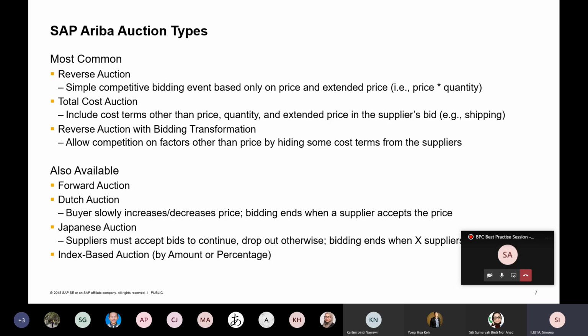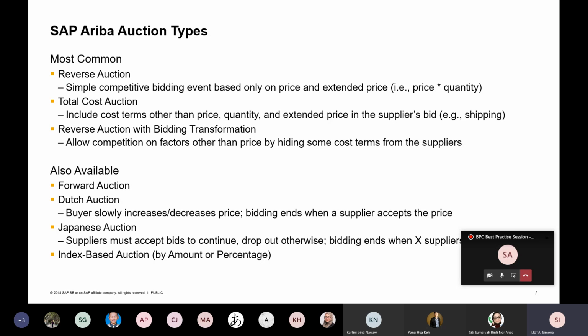It means that in an auction, you are not going to ask suppliers to provide you technical specifications and answers, or evaluate their performance. All of these elements are done in a prior event, which is the RFP.